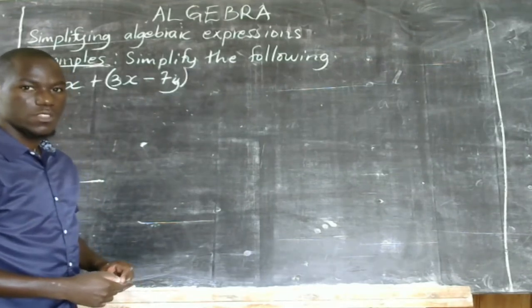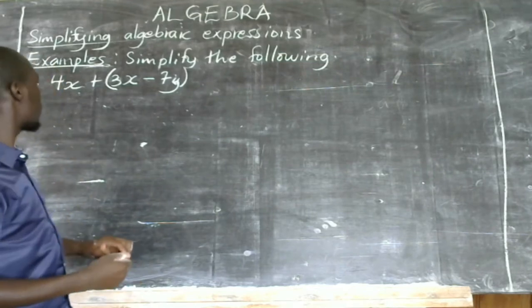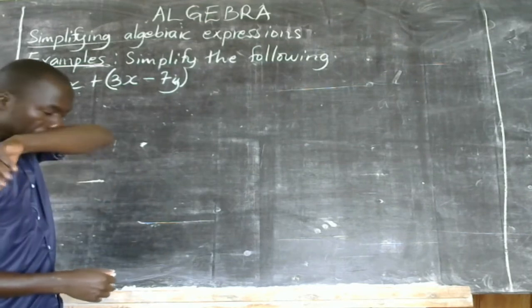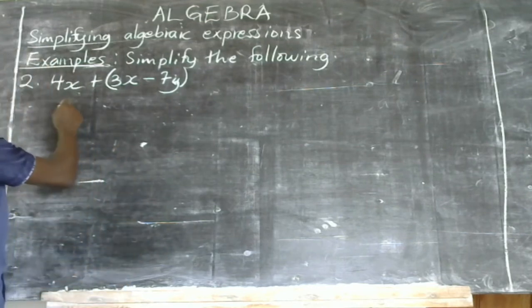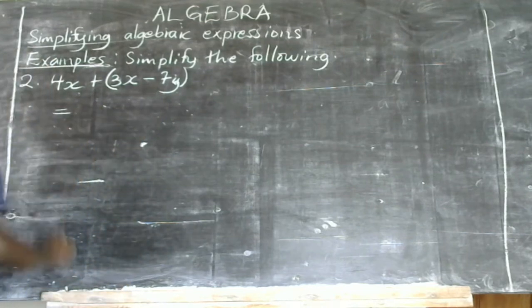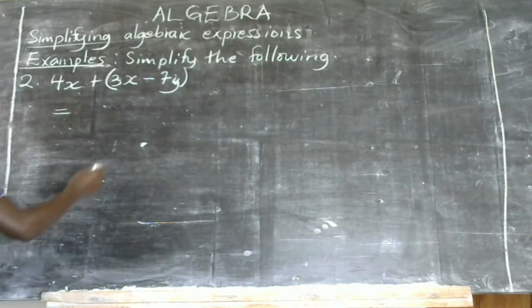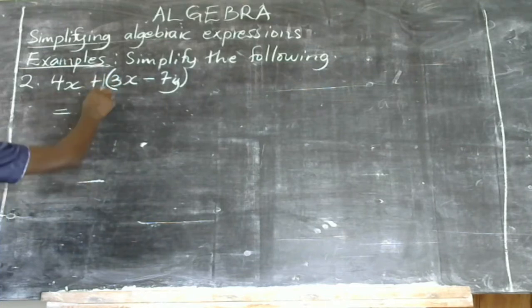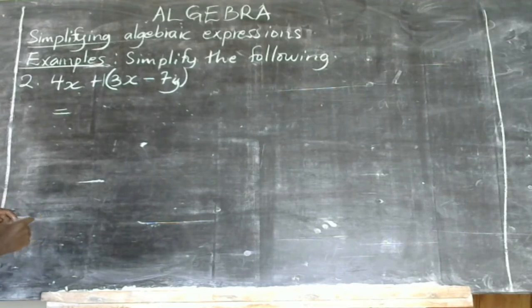So example 2 there, we have 4x plus (3x minus 7y). In this example 2, the coefficient outside this bracket is 1. So 1 times anything inside there is going to be the same thing.